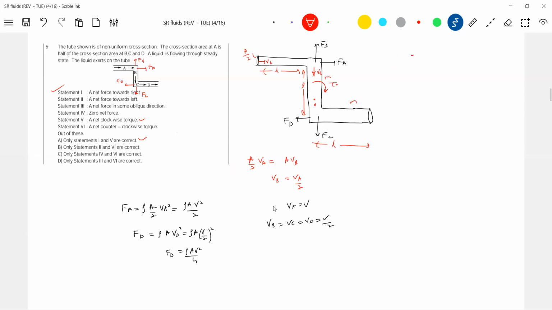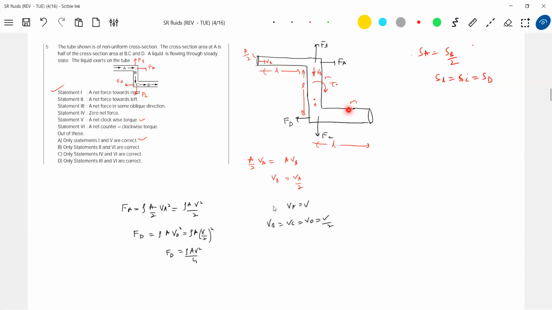The cross-section area at A is half of the cross-section area at B and C. Okay, this one. This is what it is telling.